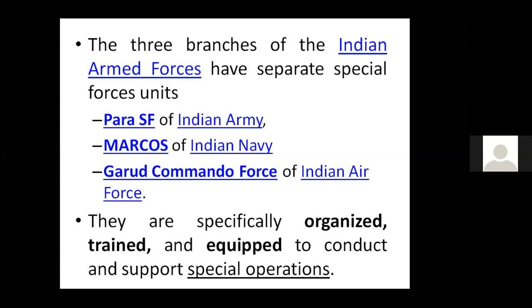Mostly two among these three come together, supporting each other and going through different kinds of operations. For example, Operation Cactus, Operation Pawan, then the 1971 Indo-Pakistan War, that is the liberation of Bangladesh. These are some of the things which you can consider.